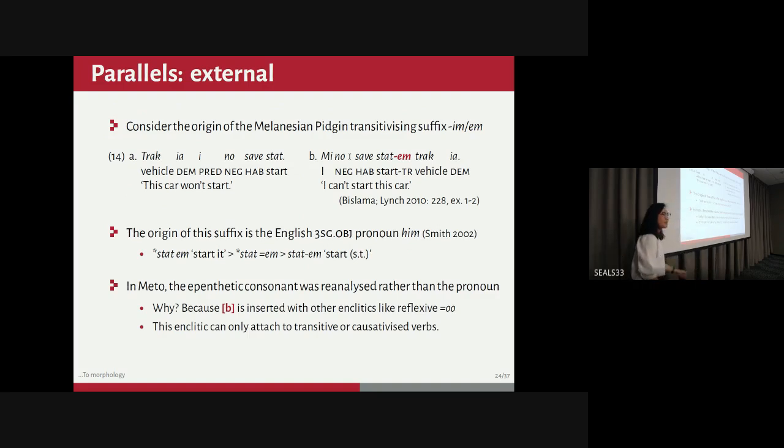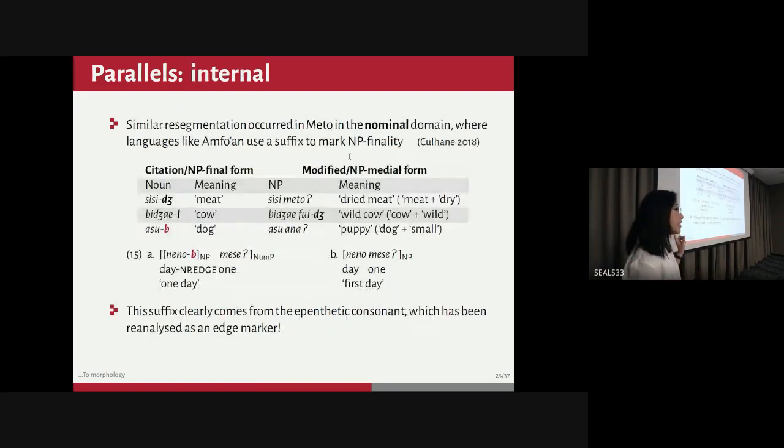So the only difference in Meto and Melanesian pidgin is that the epenthetic consonant associated with this pronoun was reanalyzed rather than the entire pronoun itself. And again, I'd be happy to talk a little bit more about why it wasn't the entire B that was reanalyzed as a suffix, but it's probably because B insertion was also found in other causative or transitive contexts as well. So that's an external parallel.